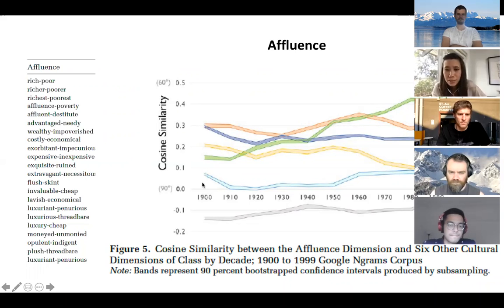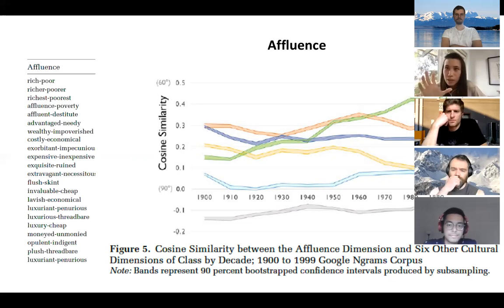Relative to gender or education, it's actually quite high, suggesting that words associated with higher affluence are more closely aligned with the cultivation dimension than gender or education, at least at that point in time. But by 1990, the education dimension is the most closely aligned with the affluence dimension, suggesting that, at least in our Google Ngrams text, the way that affluence and education are construed has become more closely associated over time.